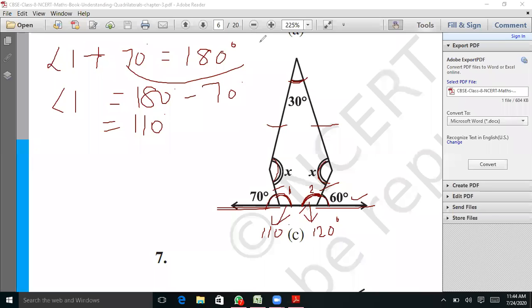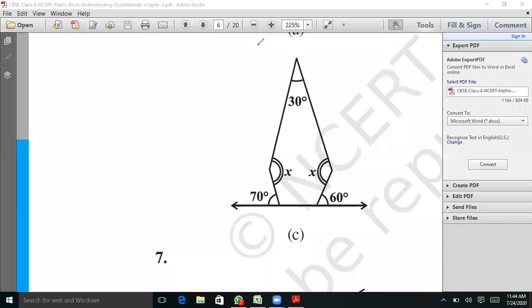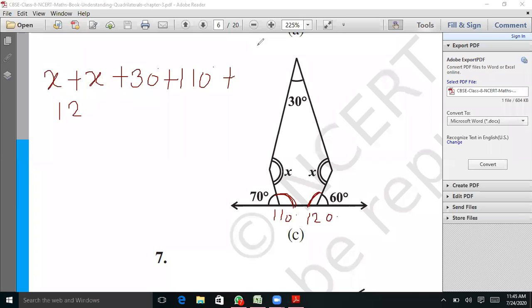So now we will use the angle sum property of a pentagon, as this is 110 and this is 120. We can write x plus 30 degrees plus 110 degrees plus 120 degrees is equal to 360 degrees. Sorry, not 360.